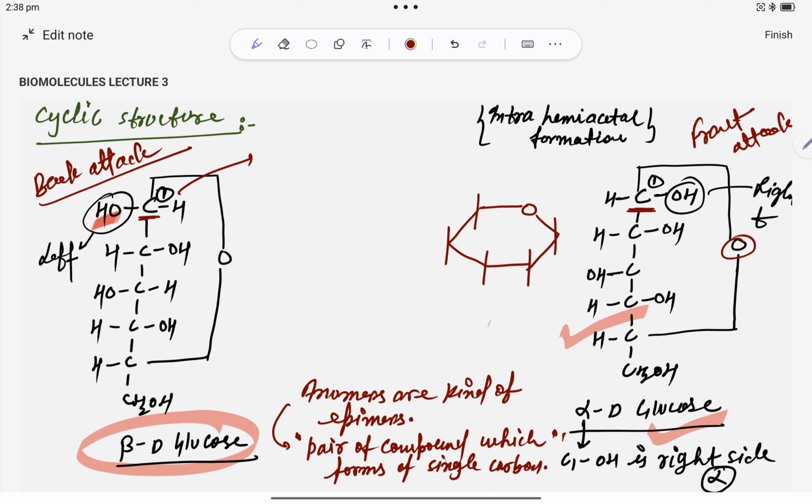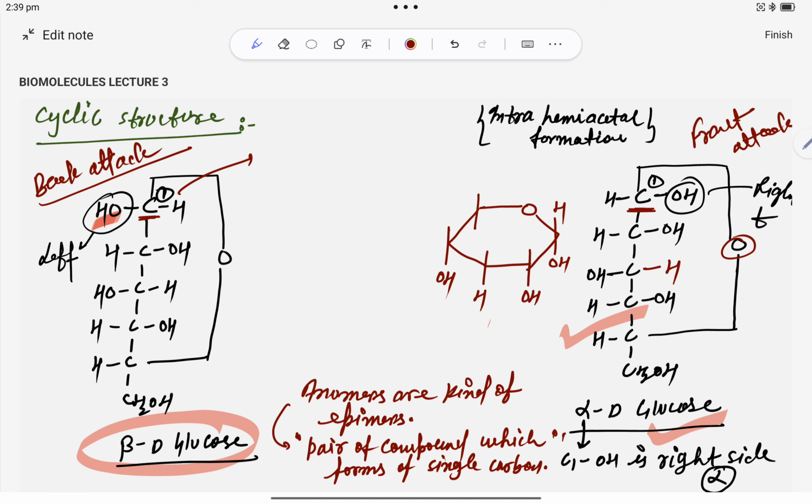Whatever is on the right side, you have to place below. At carbon number 1, the right side is OH, so OH will be below. At carbon number 2, OH is on the right side, so it will be below. At carbon number 3, here H is on the right side. Carbon number 4, OH is on the right side.